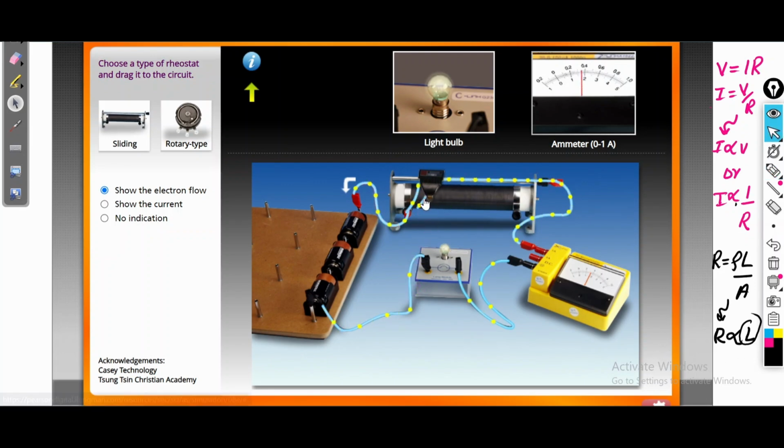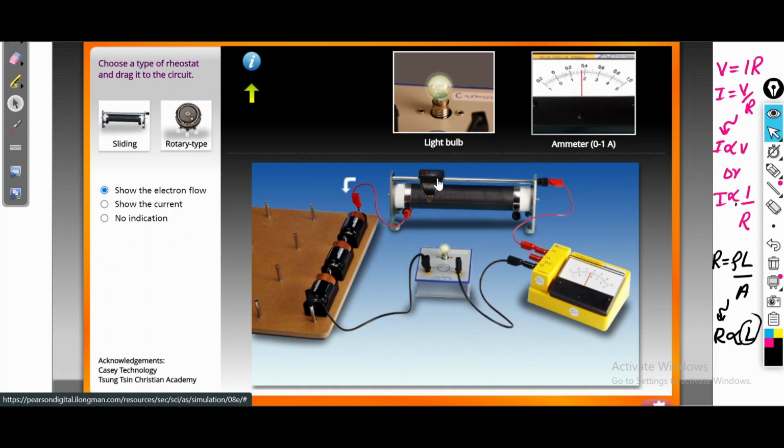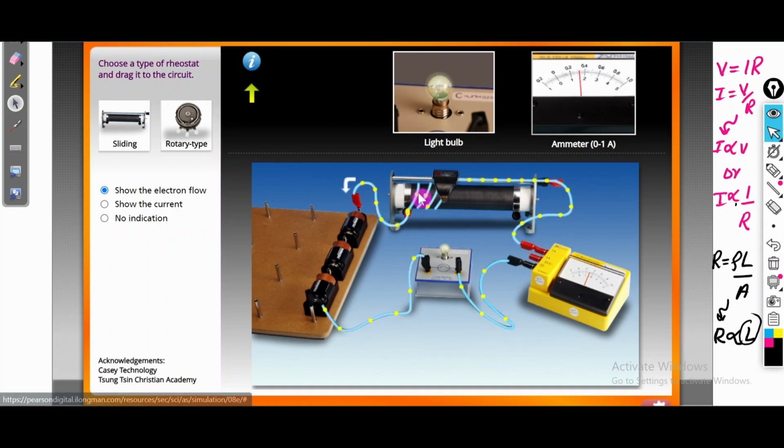If we move this sliding contact away from this knob, the current will pass through this extra length of the wire, due to which the length of the wire increases.